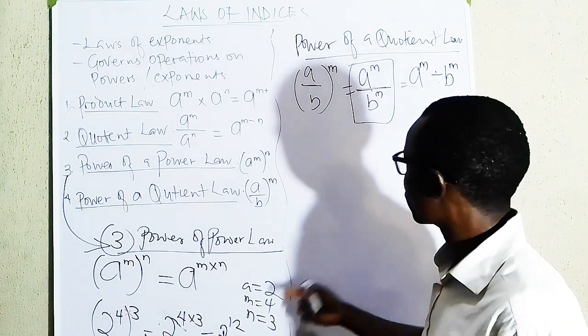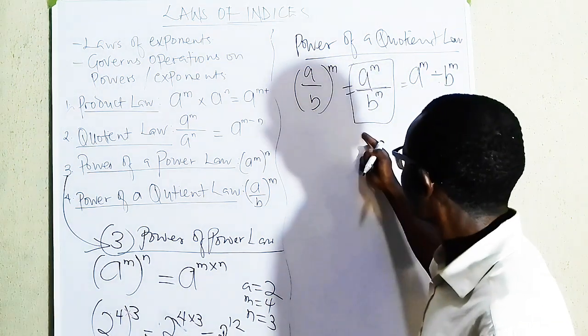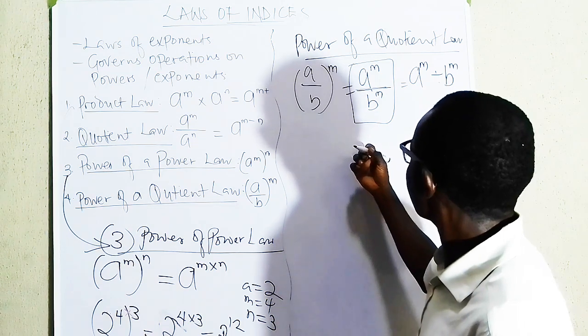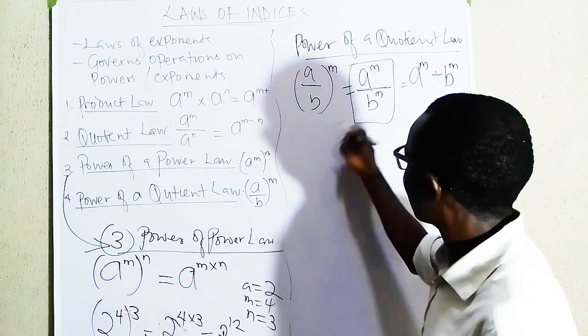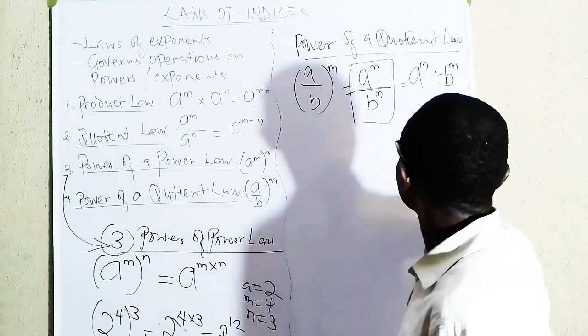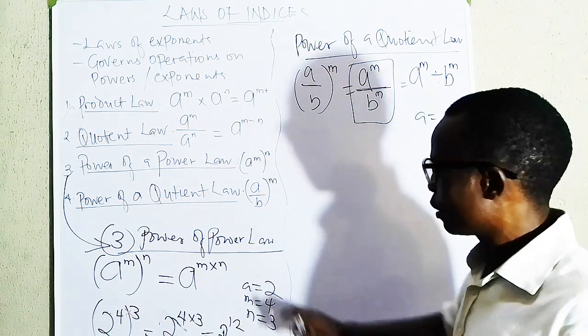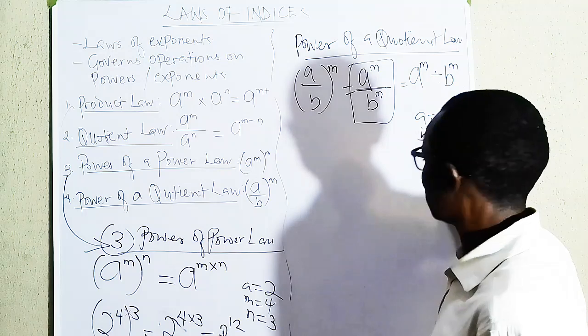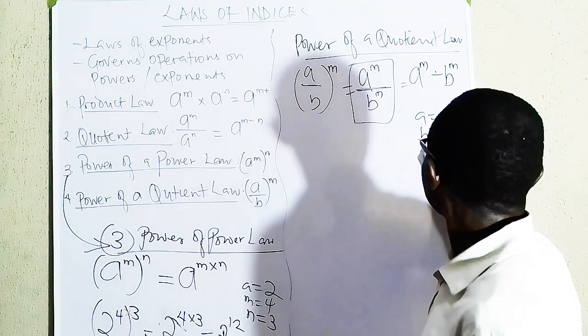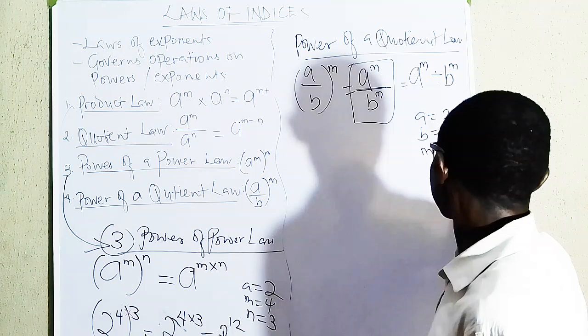Now if I substitute with values, let's use arbitrary figures. Let's say a is 2 and b is 4 and m is 3.